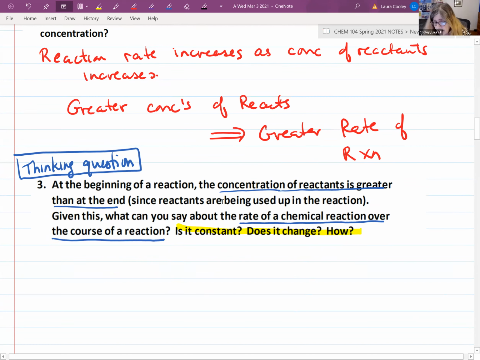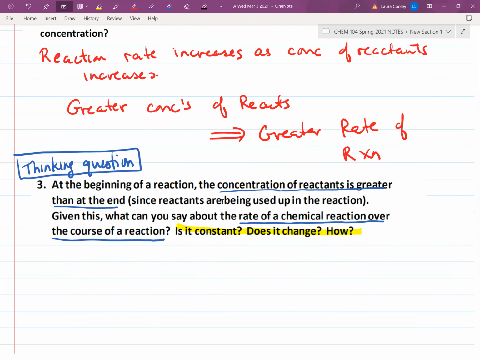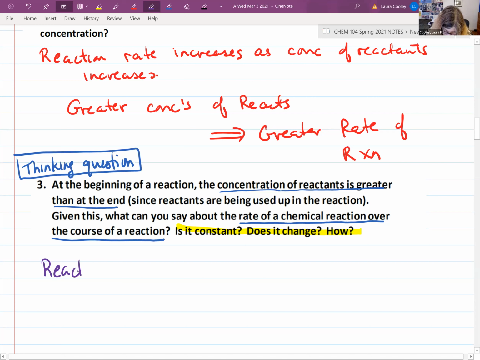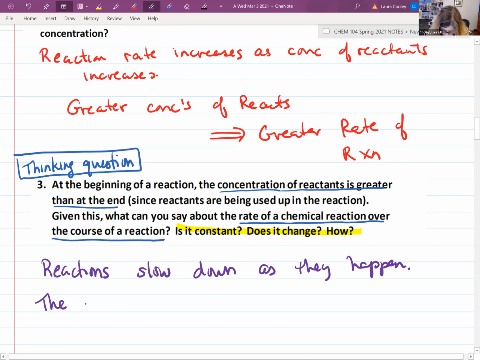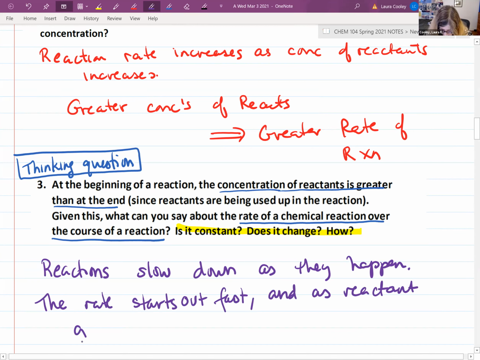Exactly. Reactions slow down as they happen. The rate of a reaction starts out fast, and as reactants get used up, it goes slower.